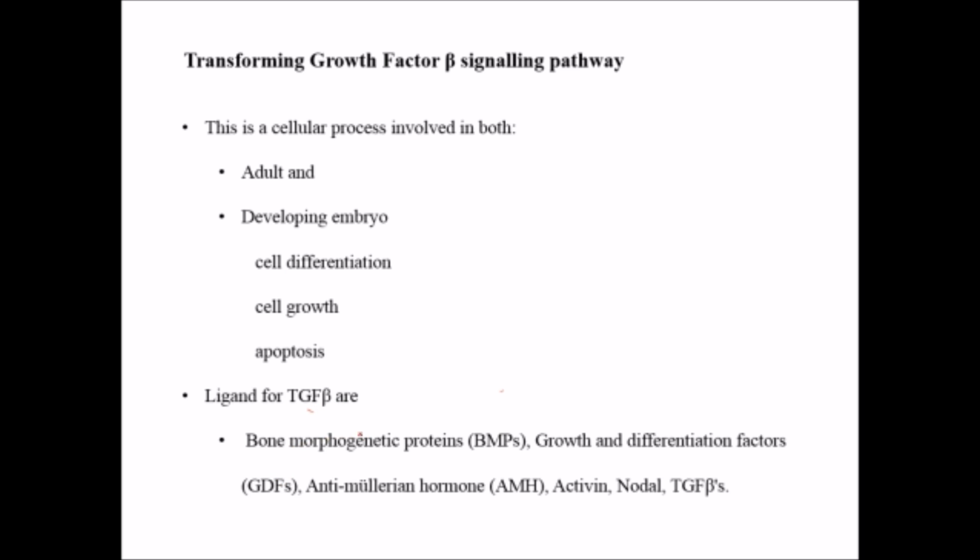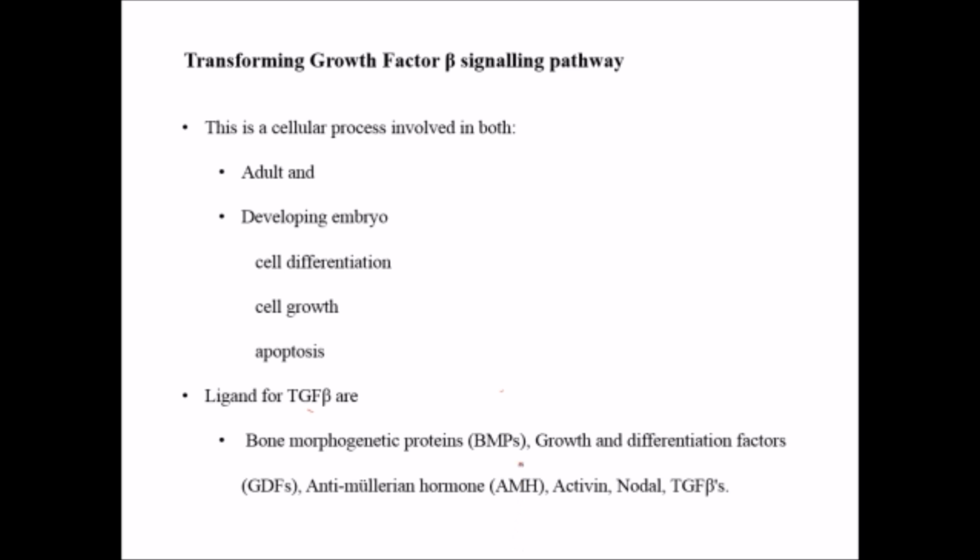These are the bone morphogenetic proteins, also termed BMPs, growth and differentiation factors, termed GDFs, and anti-Mullerian hormone, or AMH. Activin was in the question. Another is nodal, and some are other common members of the TGF beta family.